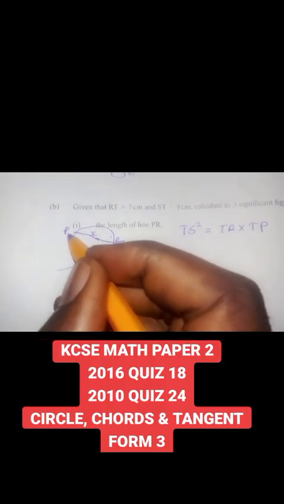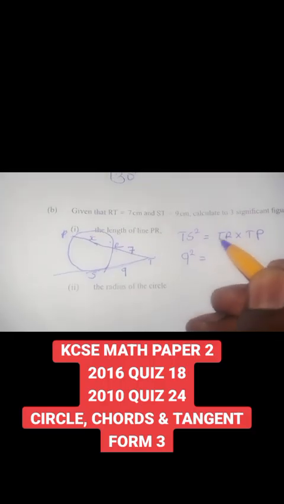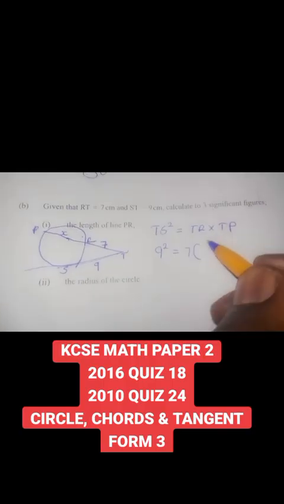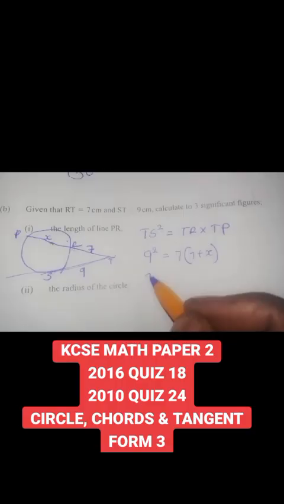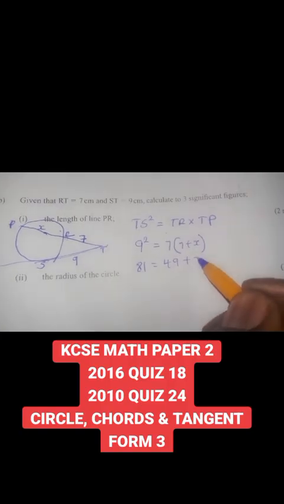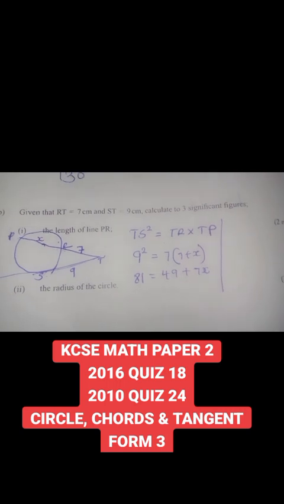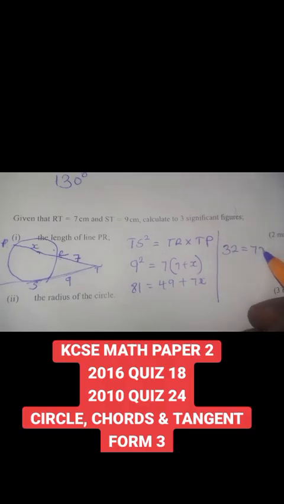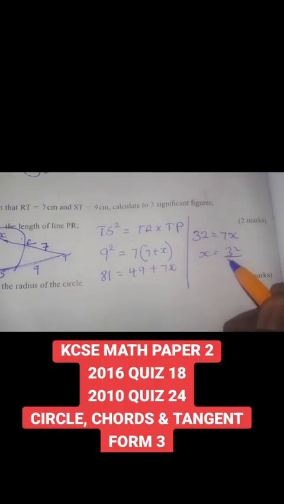Let us take the length PR as X. Therefore we will say 9 squared is equal to TR, which is 7, multiplied by TP, which is 7 plus X. So there I'll be having 81 equals 49 plus 7X. So 81 minus 49, I'll be having 32 equals 7X. Therefore the value of X will be 32 over 7.